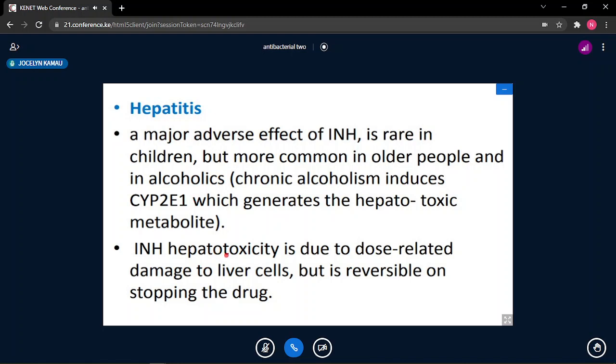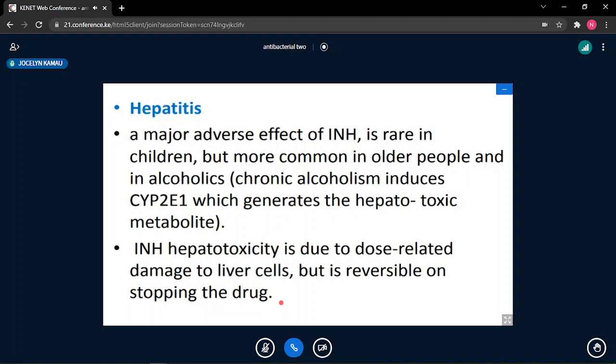INH hepatotoxicity is due to dose-related damage to the liver cells, but is reversible on stopping the drug. That is very positive. The liver cells are getting damaged because if that reactive metabolite is not detoxified, more often than not, it is detoxified by glutathione.